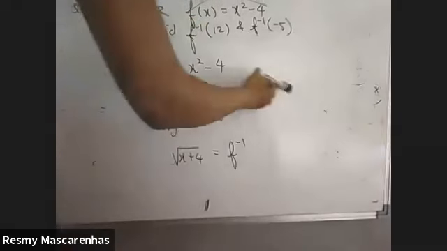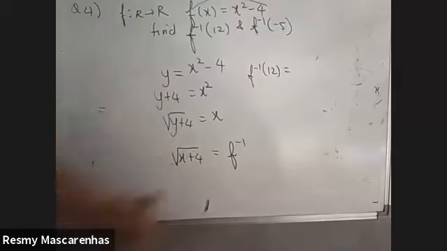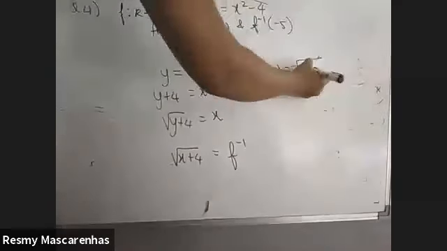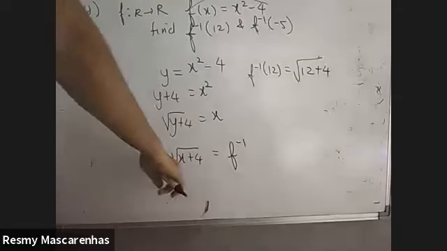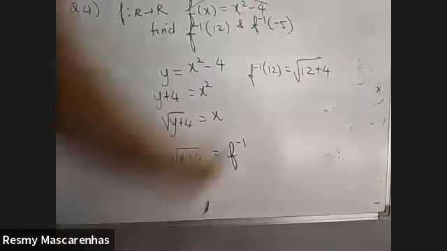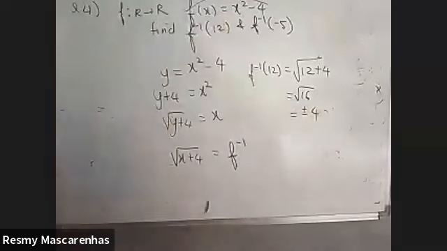So instead of x you have to put 12 and see. Wherever there is x, you just put 12. So root 16, that is plus or minus 4, will be your answer for f inverse of 12.